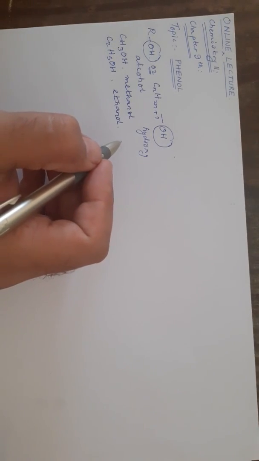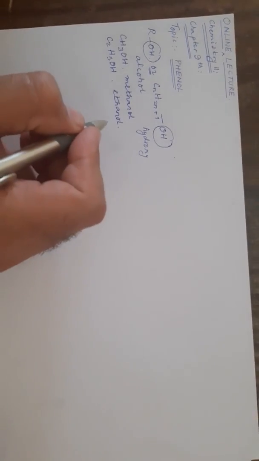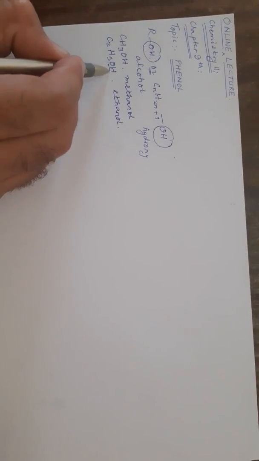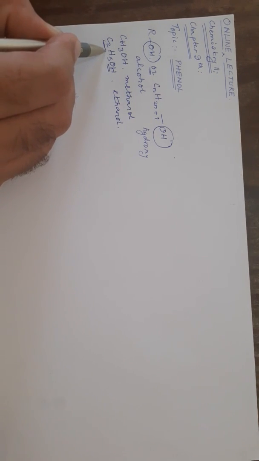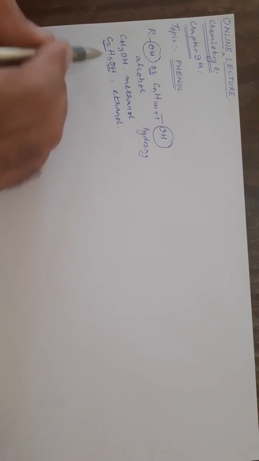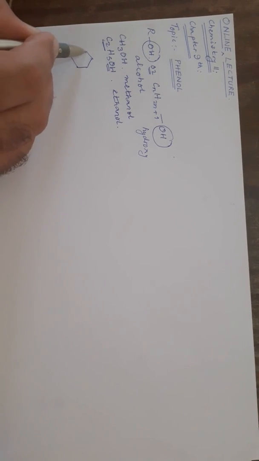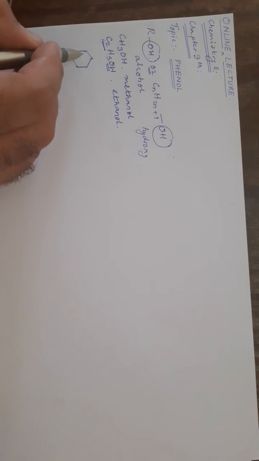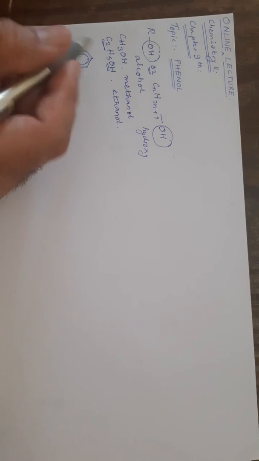Now the phenols have a similar functional group, which is the OH. The only difference is this OH is not attached to an alkyl group. It is attached to a benzene ring. So benzene ring, it's a 6-membered ring of carbon atoms with alternate single and double bonds. You can also show it like that.